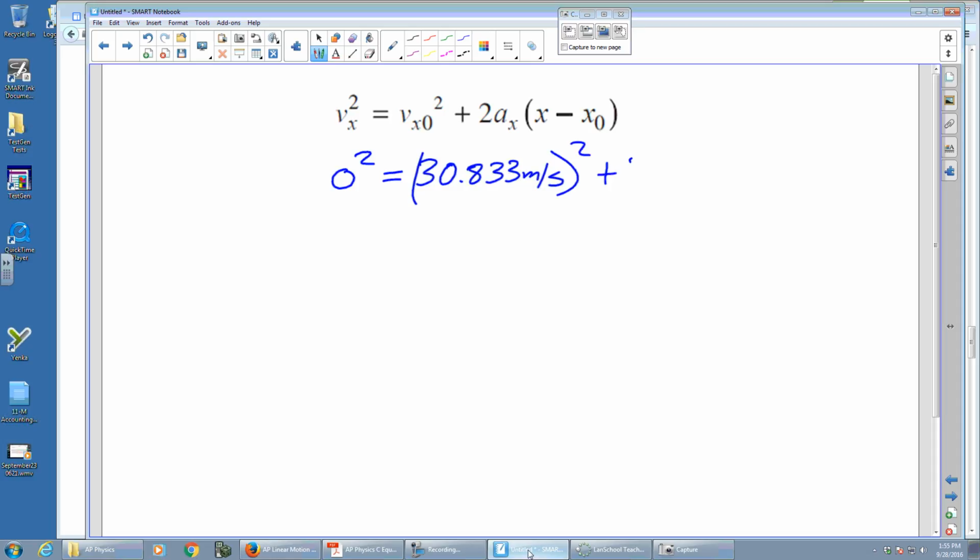Plus 2. Now since these are only speeds, I'm going to use a negative here for the acceleration. So negative 30 Gs, which is 30 times 9.80 meters per second squared. And then I'm going to label that as delta x, and I'm solving for delta x.